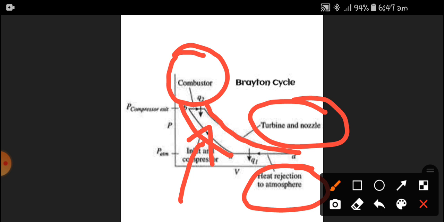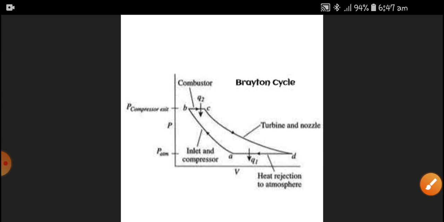The expansion is isentropic, where heat addition in the combustor takes place at constant pressure and heat rejection to the atmosphere takes place at constant pressure. So this you have to remember, the Brayton cycle.